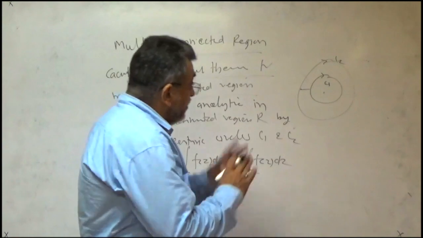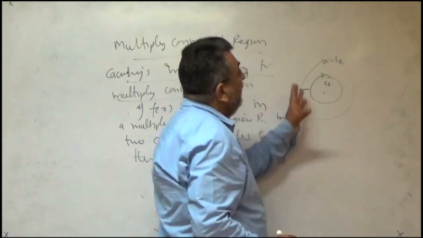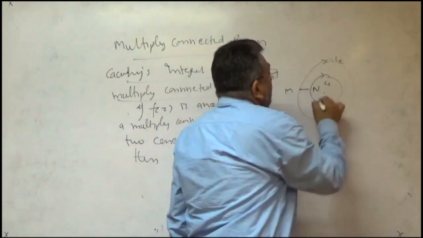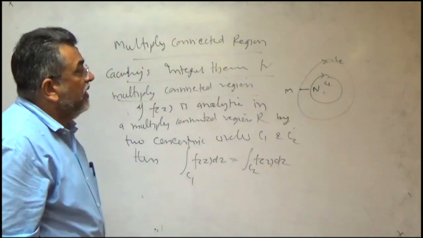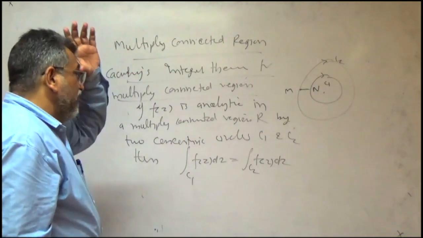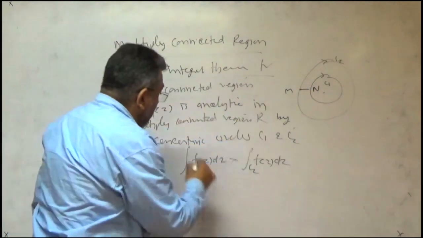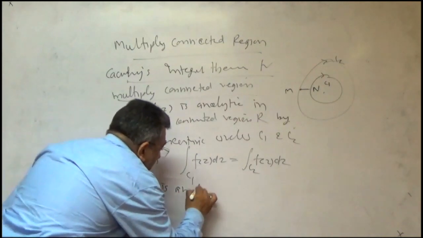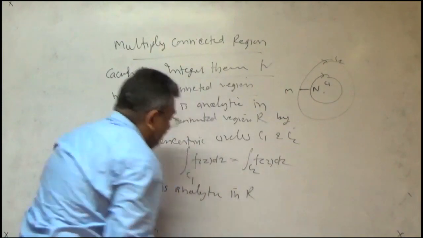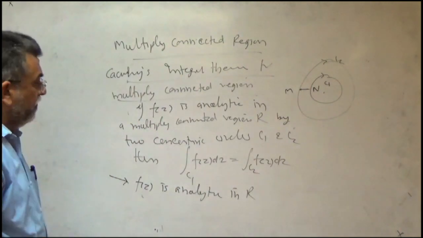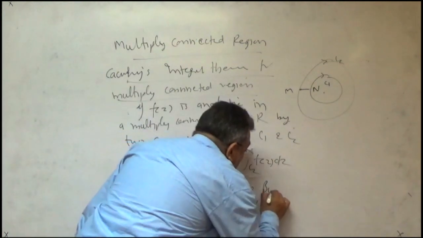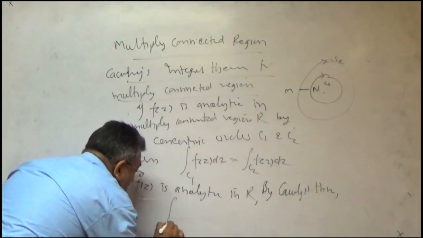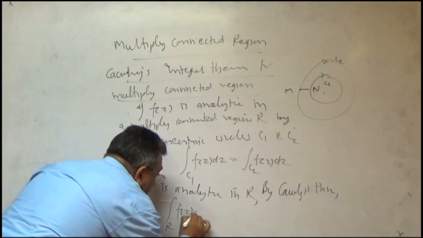How is this possible? Logically you can see that if we have C1, C2, and this is the region between the two circles, and we take a cut MN, and call the region R, then f(z) is analytic in R. So by Cauchy's theorem, the integral of f(z) along the boundary of R must be 0.